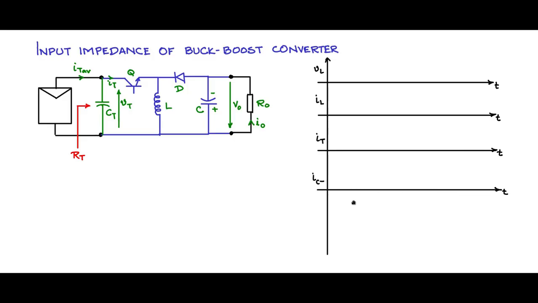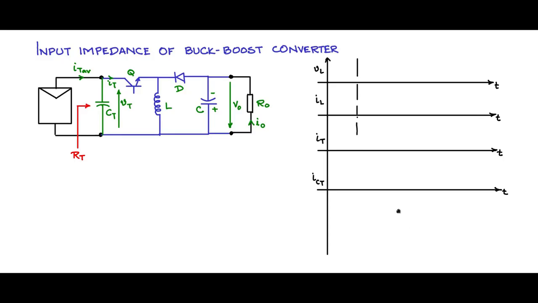And we will also see the current through the capacitor, and also look at the reason why it becomes evident that we need to put the capacitor here so that we have an IT average flowing out of the PV panel.